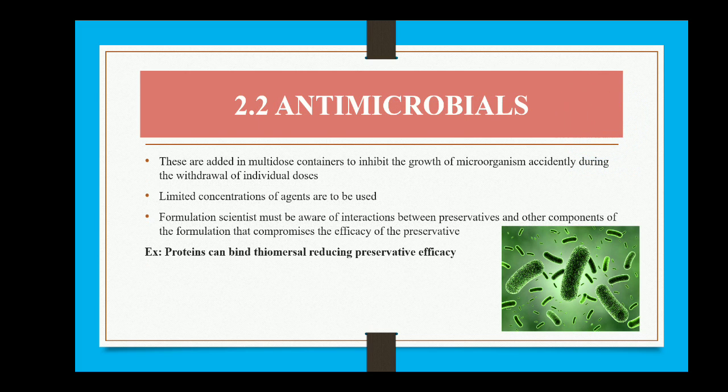Second example of additives used in the preparation of parenteral products is antimicrobial agents. These are added in multi-dose containers to inhibit the growth of microorganisms accidentally introduced during the withdrawal of individual doses. Only a limited concentration of agents is to be used, and the formulation scientist must be aware of interactions between the preservative and other components of the formulation that compromise the efficacy of the preservative.